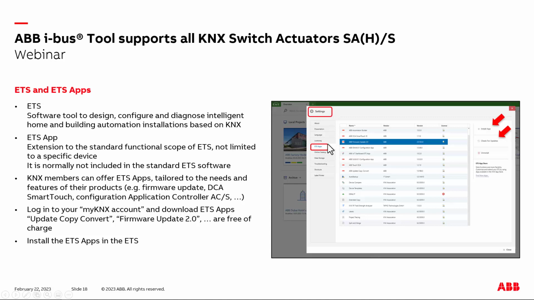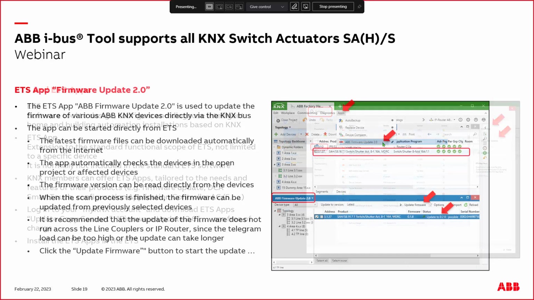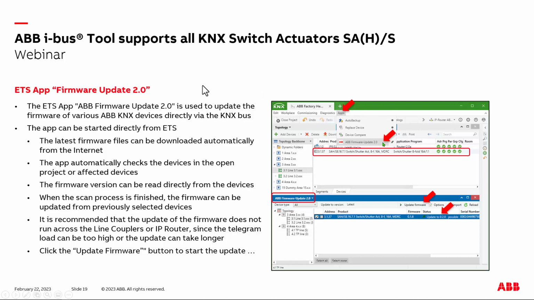You go to settings, apps, and then you can click on the right side, install app, and show in the folder where the app is on your hard disk, and then it's running inside the ETS. Good, then let's come to this first app, the so-called ETS app firmware update 2.0. This firmware update tool is used to update the firmware of a KNX device.